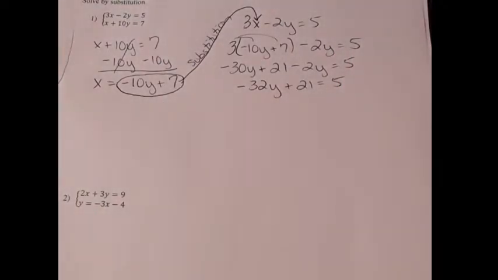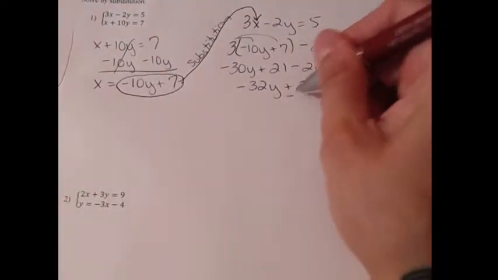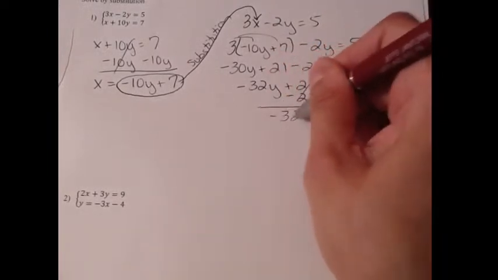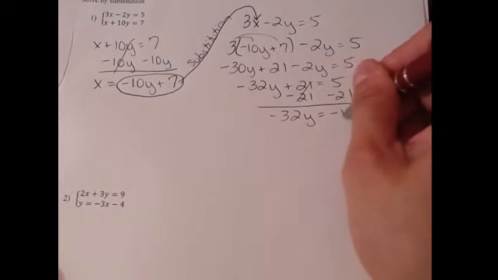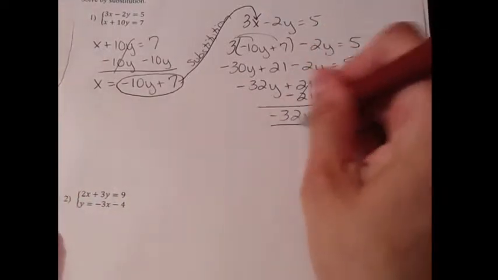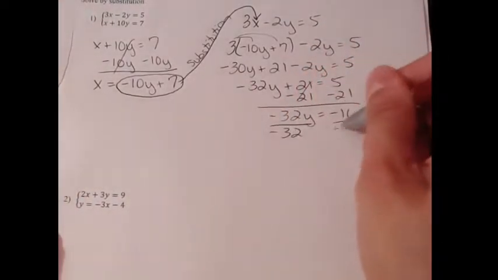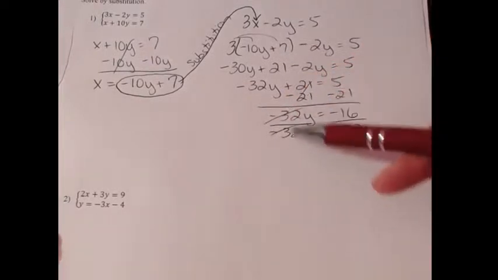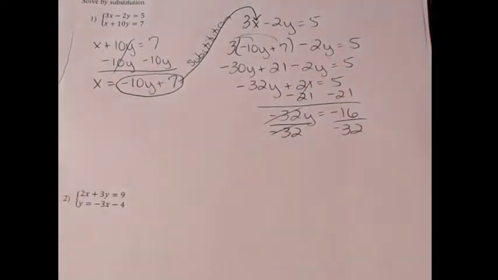We're trying to solve for y, so we want to subtract 21. That gives me negative 32y is equal to negative 16. And if you want, you can always double check that. And of course, divide by negative 32.